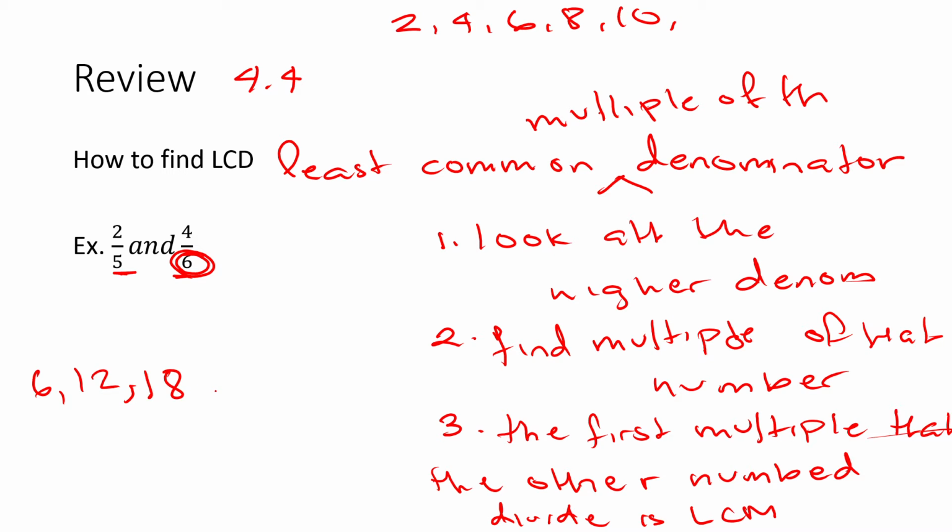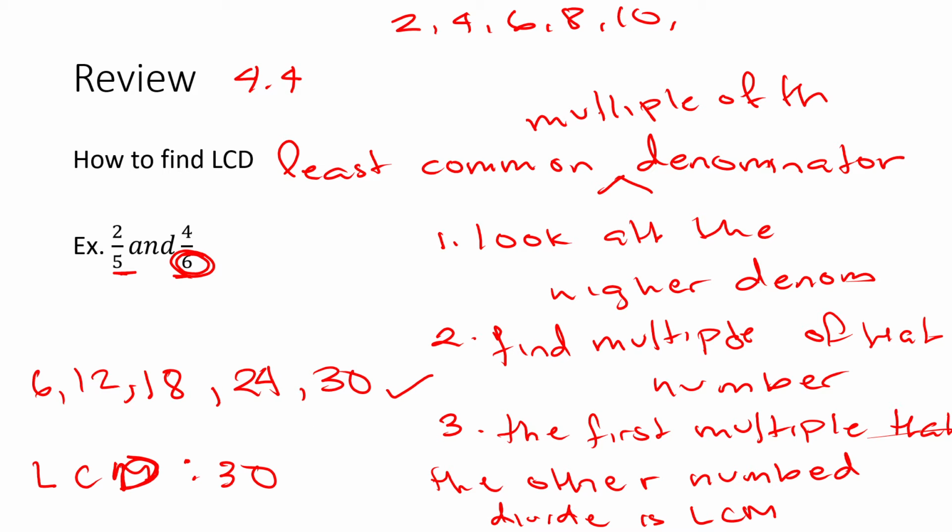So let's move on to 24. Can 5 go into 24? No, it can't. So we move on to 30. Can 5 divide 30? Yes. So your LCM, or your LCD, is 30.